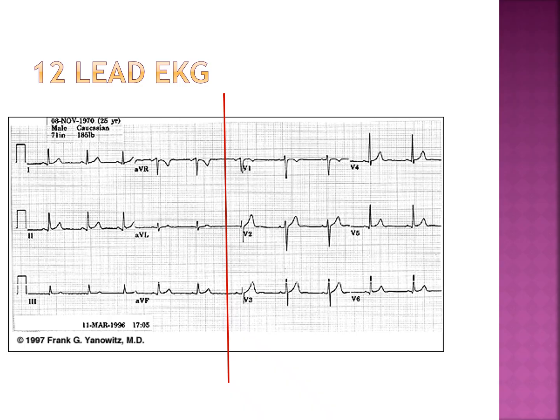So chest leads always start with a V: V1, V2, V3, V4, V5, V6. The limb leads are 1, 2, 3, AVR, which means augmented vector right, AVL, augmented vector left, AVF, augmented vector foot, or inferior, however you want to remember it, whatever works for you. So we have our limb leads on one side and our chest leads on the other side.